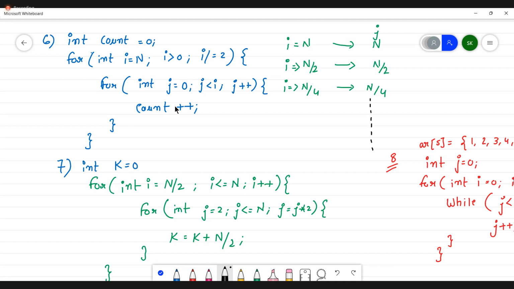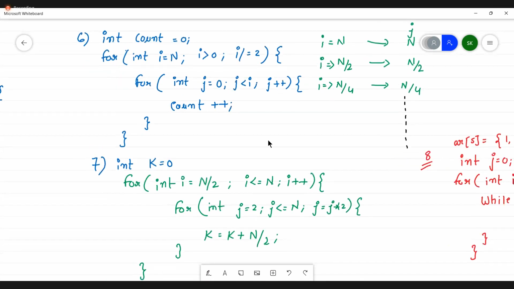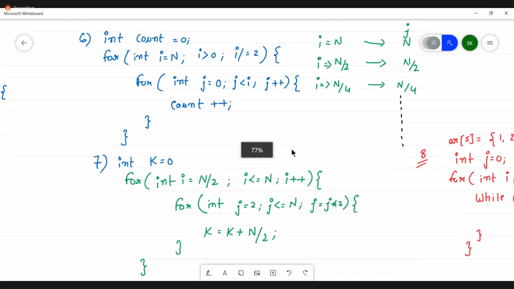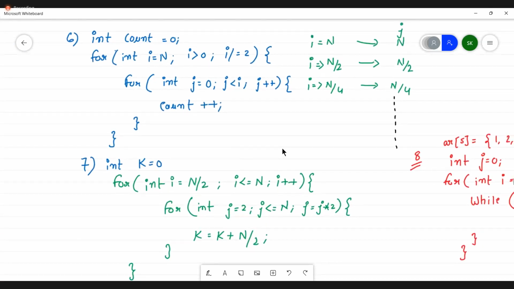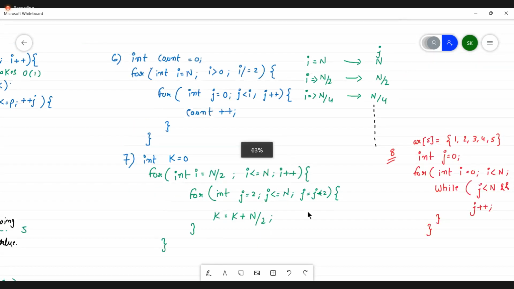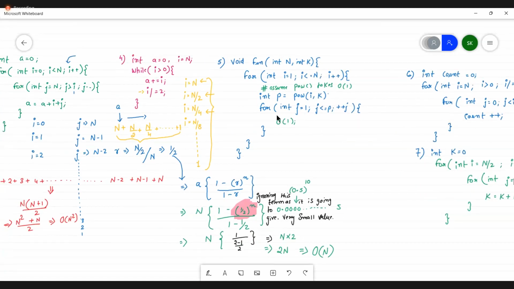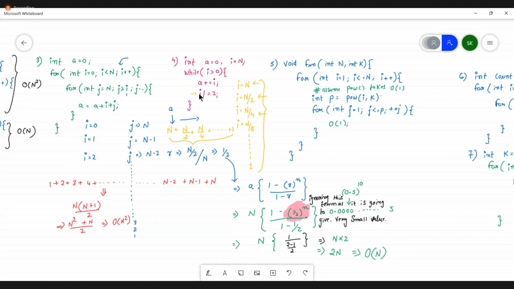Did anyone now figure out what is going to be the time complexity for this? It is the same thing as the fourth question, where only one loop was running.